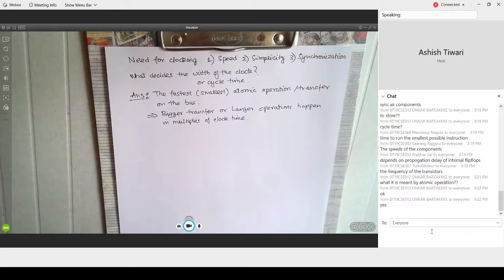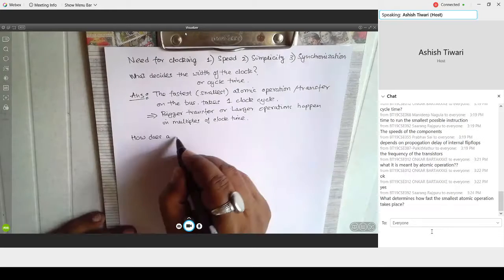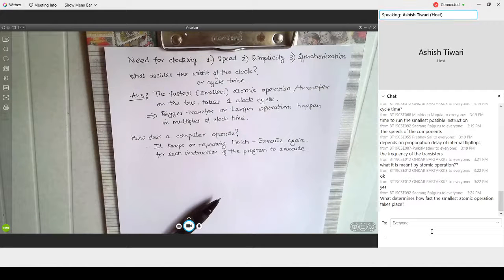It means that if you remember, so question. So what determines how fast the smallest operation will take place? Okay, that's a difficult question.